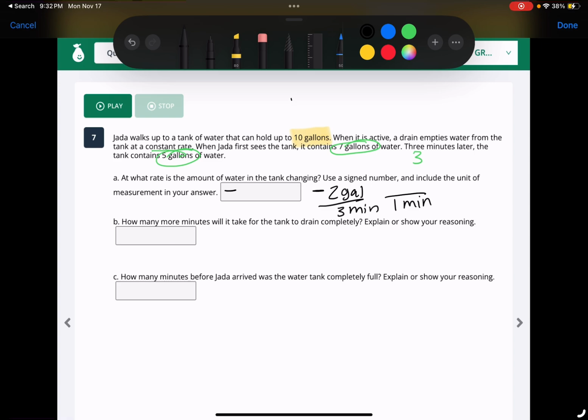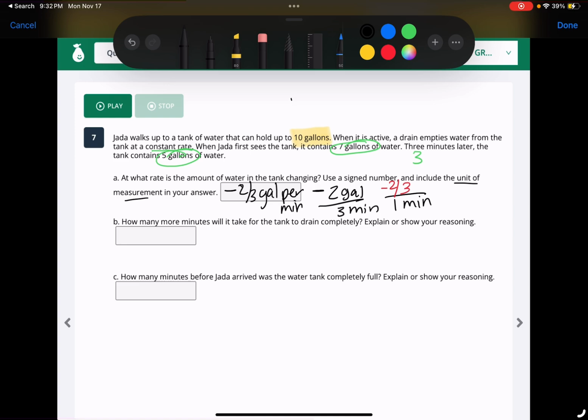When it says include a sign number, we're going to include positive or negative. And then include the unit of measurement. So we're going to do gallons per minute. So negative 2 divided by 3 is negative 2/3. So that's our answer. Negative 2/3 gallons per minute.